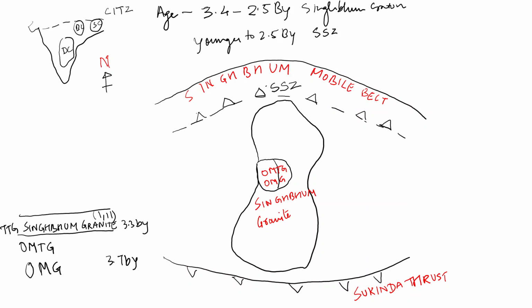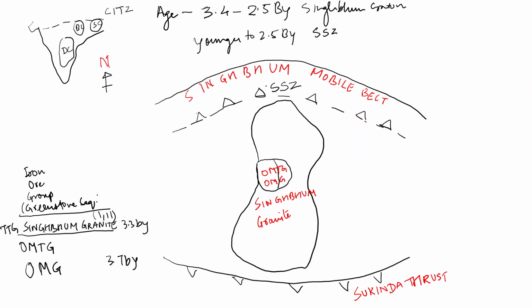Further, after the TTG, we get the greenstone sequences. Remember, we had TTG and greenstones together in the previous class of the Dharwars that we had discussed. So here now, after this, we get a greenstone sequence which is called the iron ore group. The iron ore group, these are greenstone sequences.